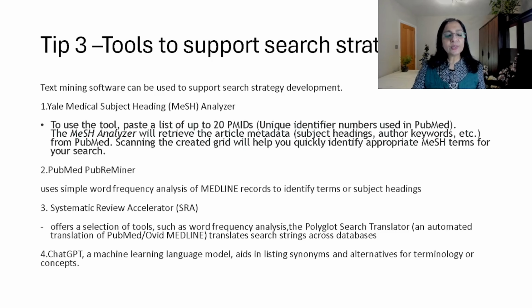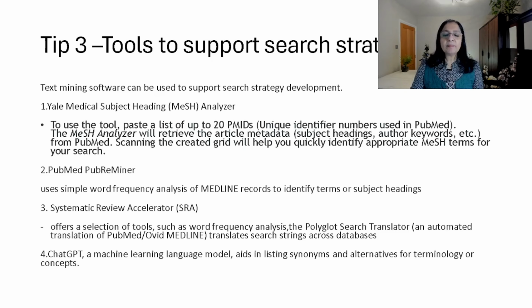We can also use the Systematic Review Accelerator or SRA platform. It offers a selection of tools such as word frequency analysis and the Polyglot search translator. This is an automated translation of PubMed and Ovid Medline that translates search strings across databases. We can also use ChatGPT, a machine learning language model, which aids in listing synonyms and alternatives for terminology or concepts.